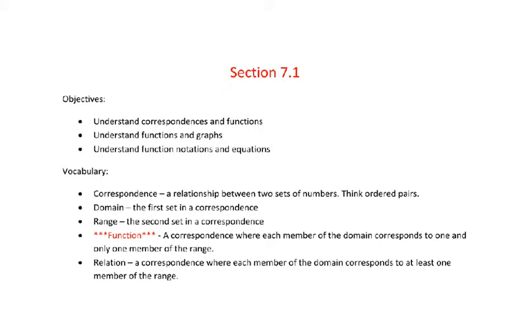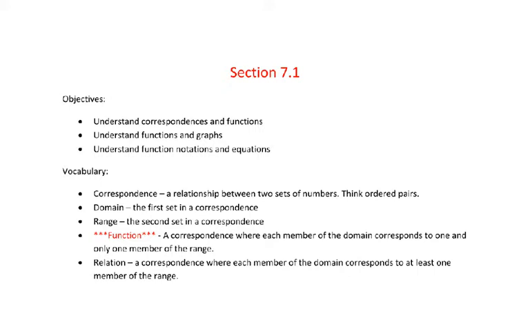Function, the big idea going on here, the big definition in this section, is a correspondence where each member of the domain corresponds to one and only one member of the range. It's kind of a monogamous relationship between sets. They all get paired up, but the x's can only be associated with one y.